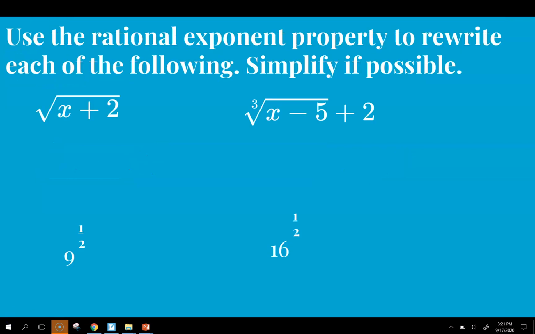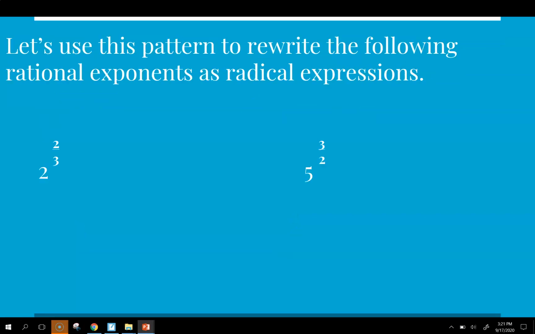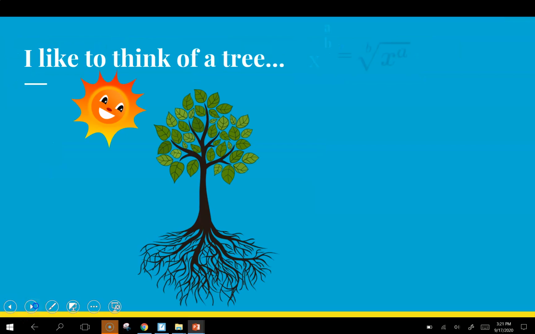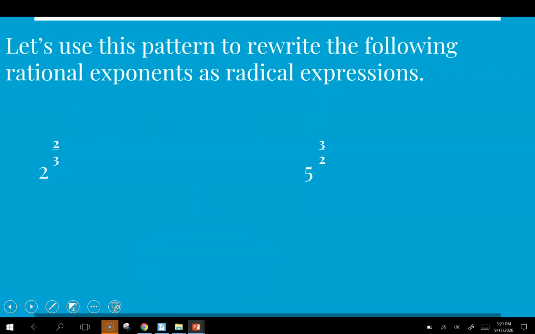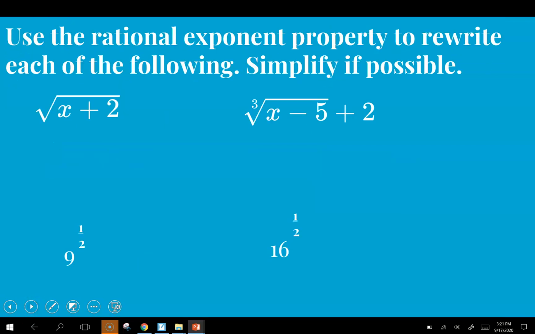Okay, so now let's use that same strategy with these. I have this square root of x plus 2. I need to know what my root is and what my power is in order to rewrite this.